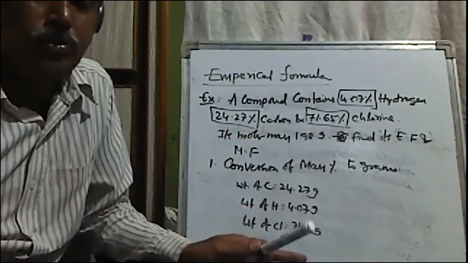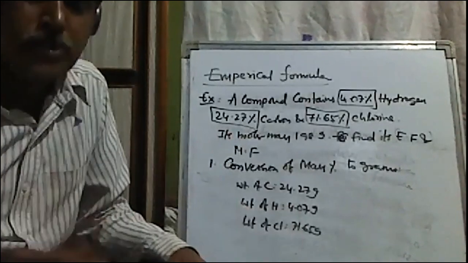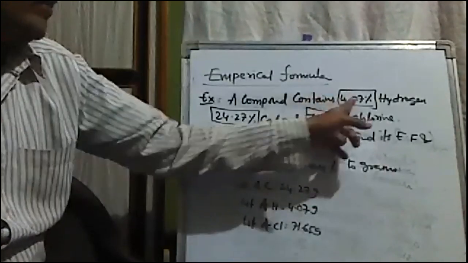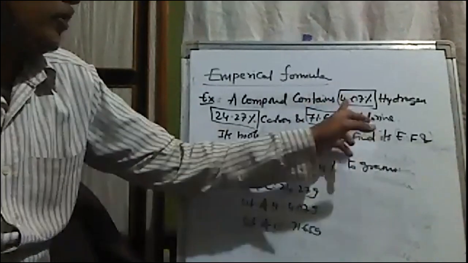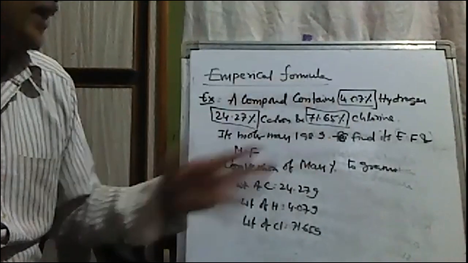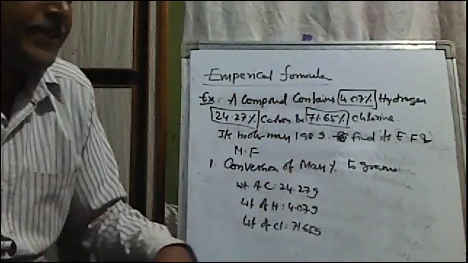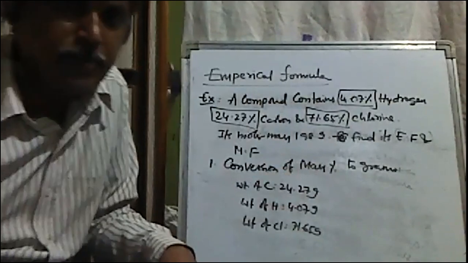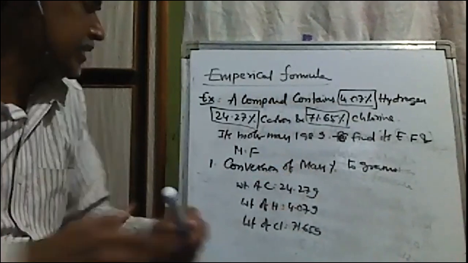So first we have to do conversion of mass percent to grams. Just add up the numbers given; the total is 100, so you can take them as grams itself. Here 4.07 plus 24.28 plus 71.65 is almost 99.99, so we can simply take it as grams. This is the first step: conversion of mass percent to grams.